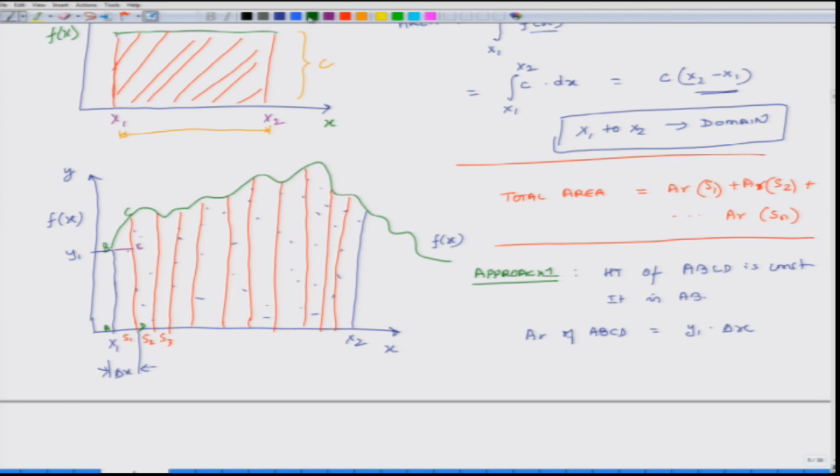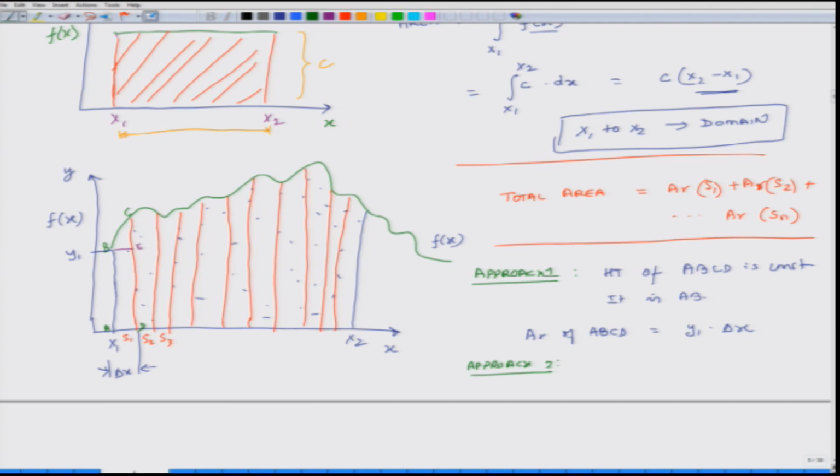Then I will say okay, maybe I can have a better approach. Approach 2. The second approach is that I do not treat ABCD as a rectangle, but I treat it as a trapezoid.